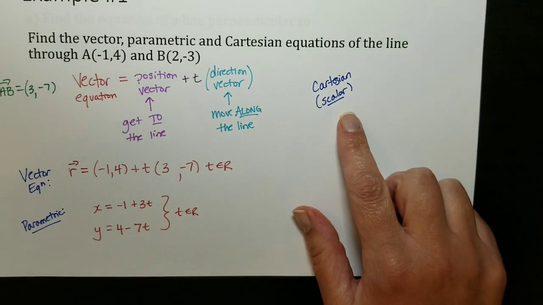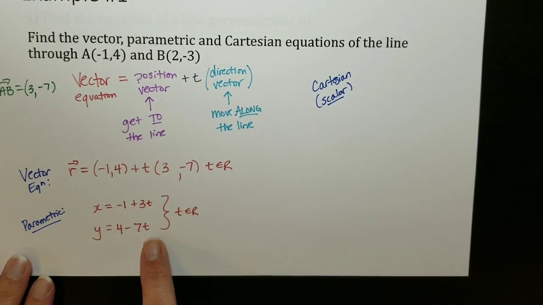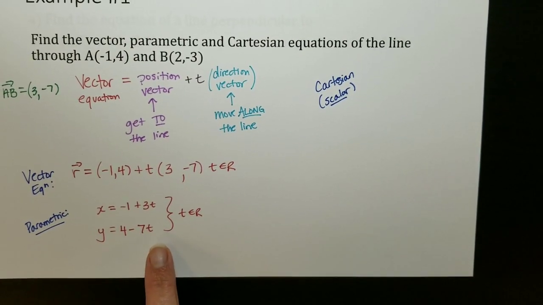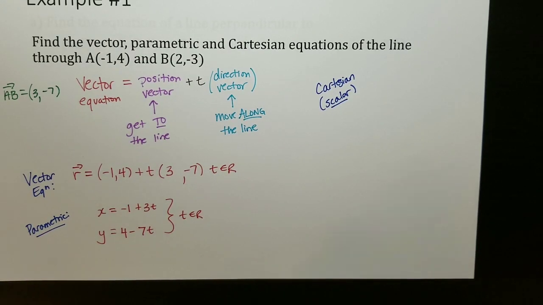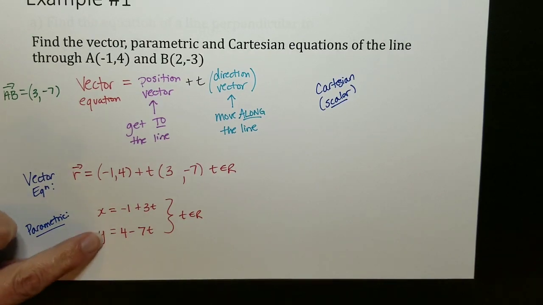But I'm going to show you a different way if you're given the parametric. So instead of finding the slope and the y-intercept and putting it in y equals mx plus b and changing it to standard, I'm going to start with the two pieces of the parametric equations.